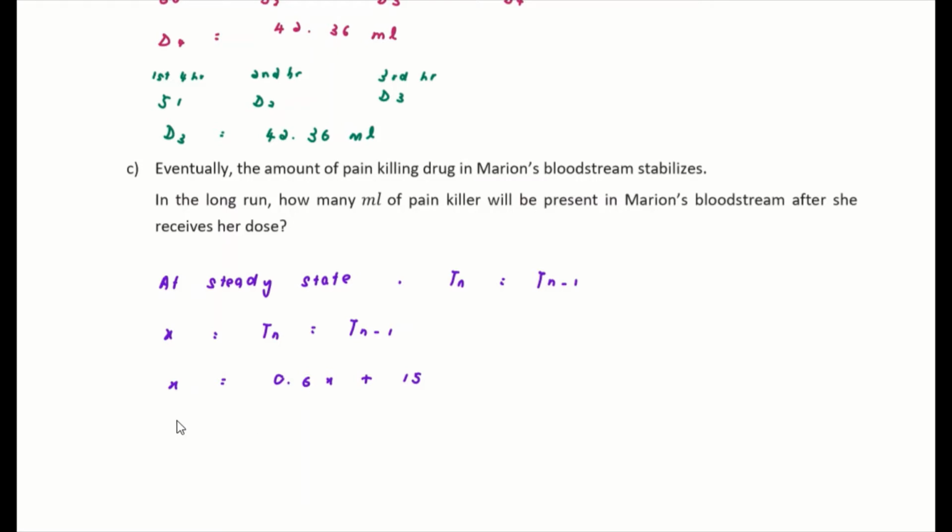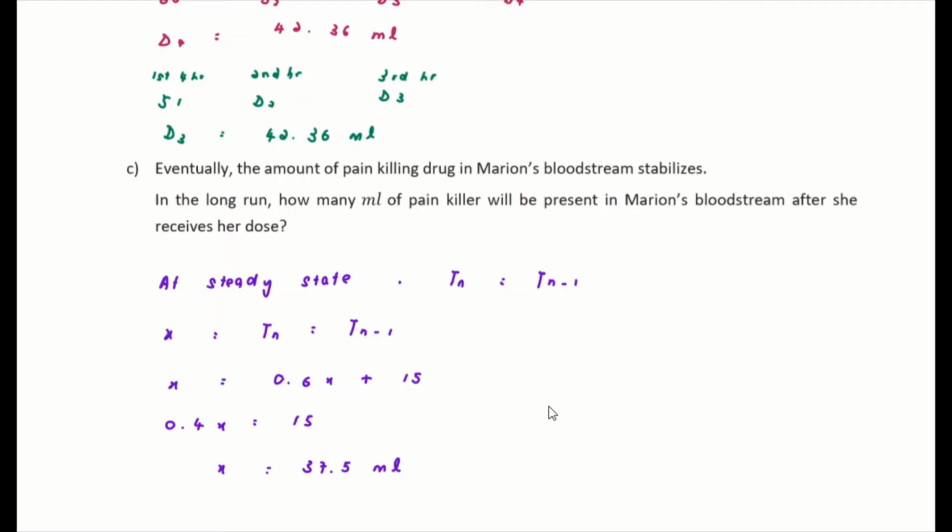Moving this to the left-hand side, 0.4x equals 15. Then our answer, x, is 37.5 ml. You can check through your calculator as well; you should get 37.5 in the long run. That's basically the part for question 6.